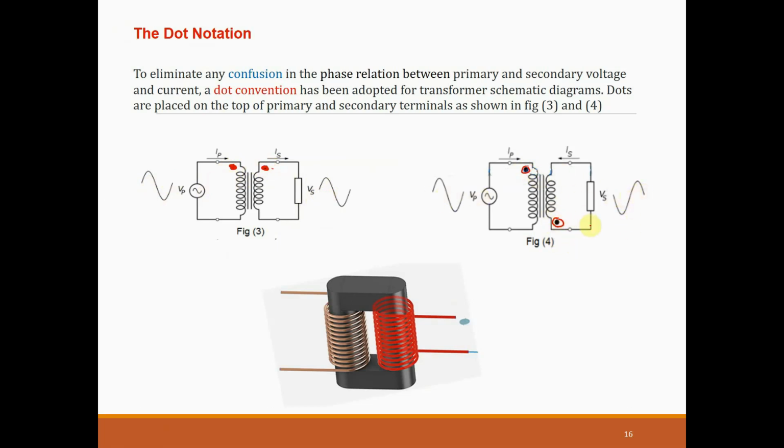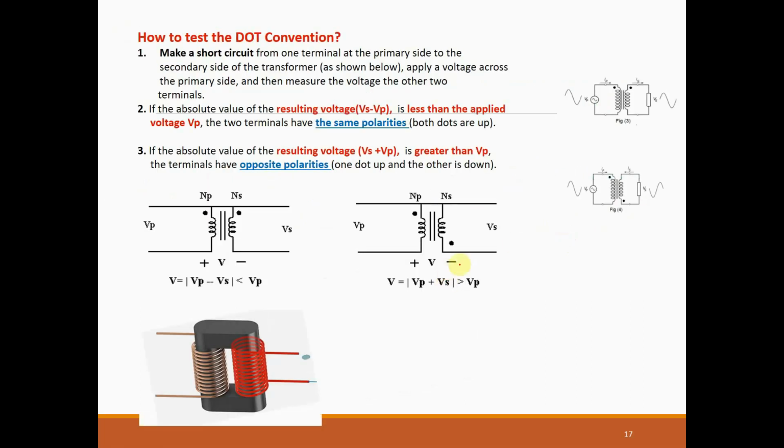How to apply this dot to analyze the transformer? Let me give you an example. Right. So remember that if the dots are here, the same dot, they are the same polarity. Look at this connection. We have here VP. This portion here is VP. This portion here is VS, right?